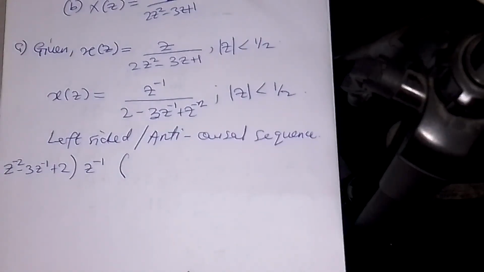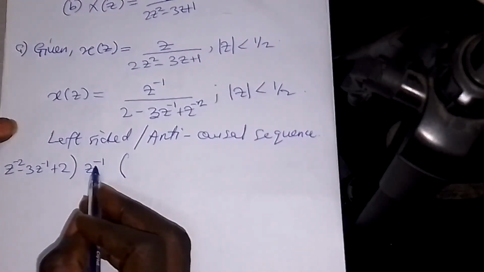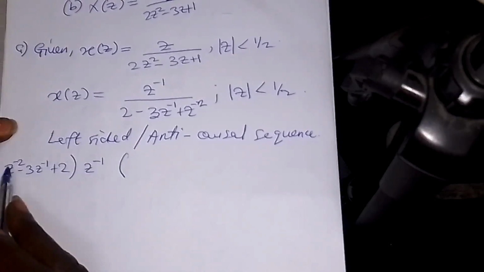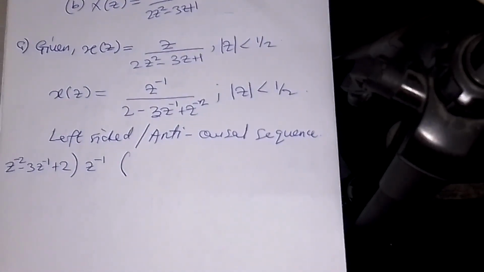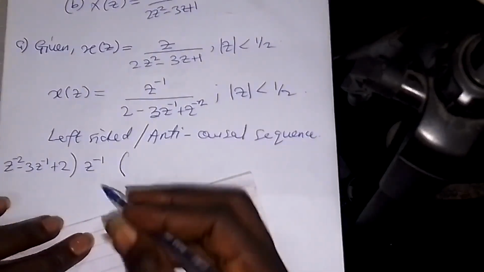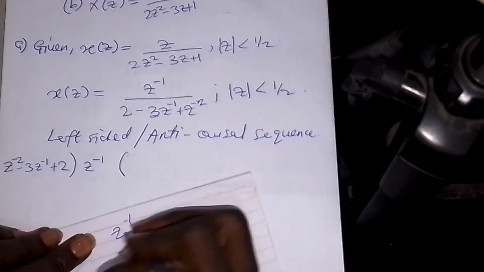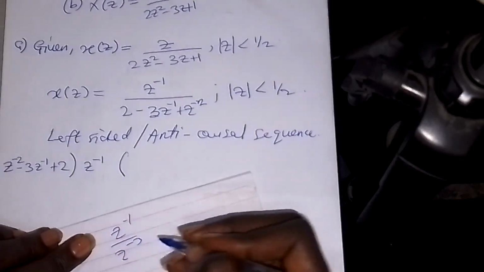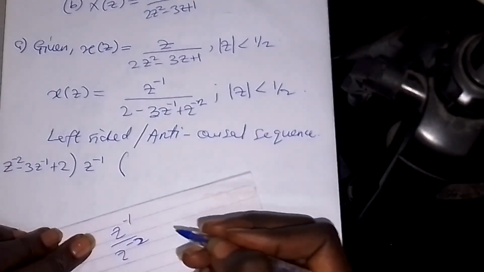Now, what number times this one will give me this one? To know that number, it is very simple. All I have to do is say z exponent minus 1 over z exponent minus 2. What do I get?